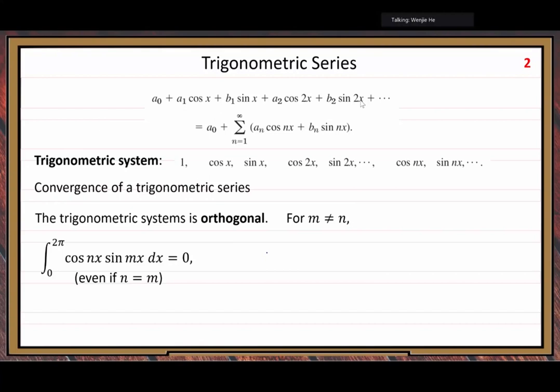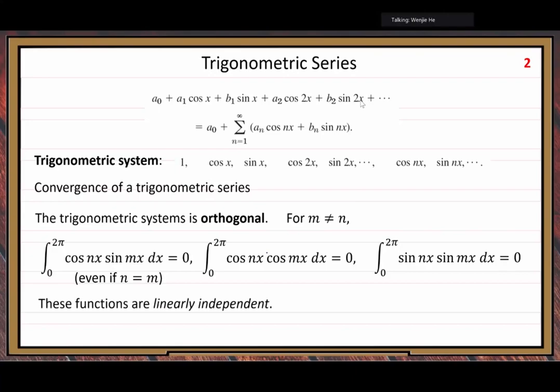But for the same function, when m is not equal to n, the integral is 0. But when m and n are the same, it is non-zero. So for the same function with m and n different, the integral must be 0.